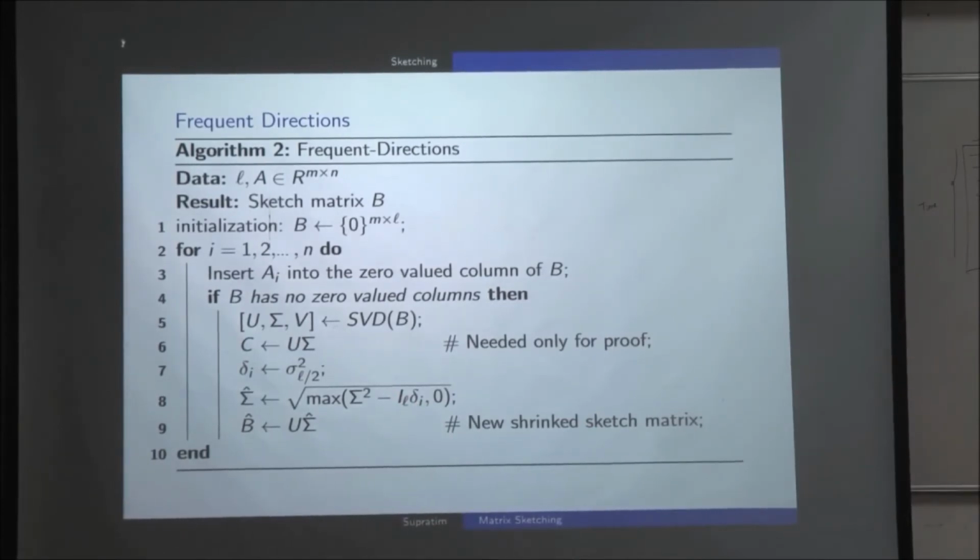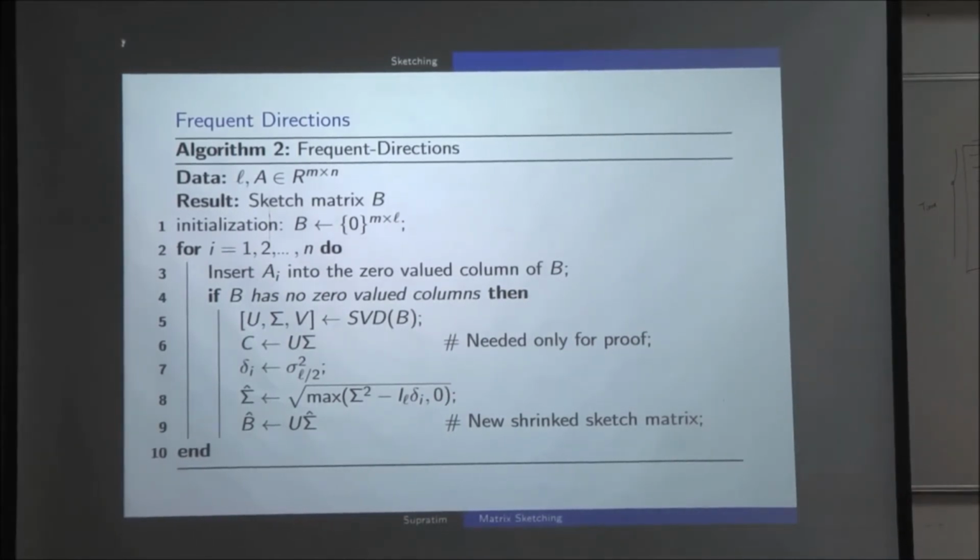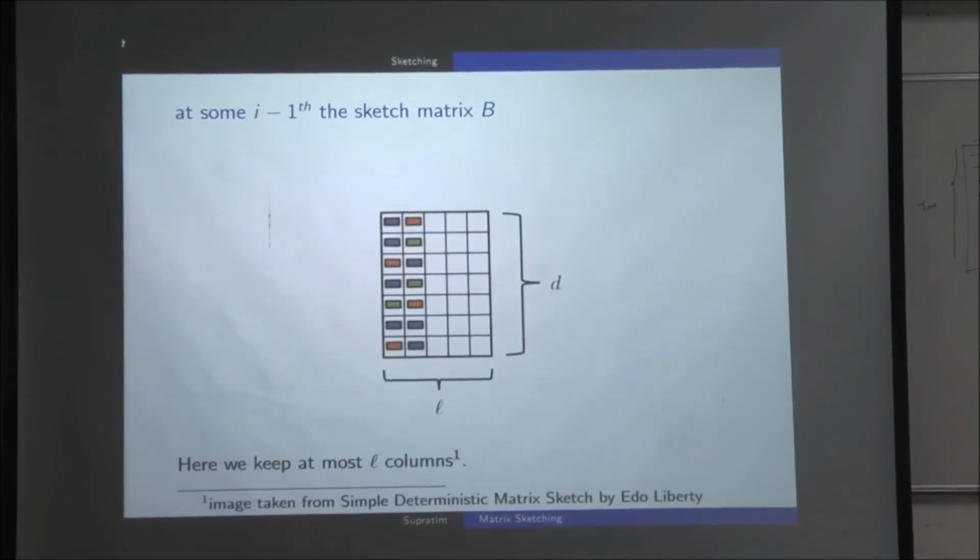There will be certain singular values which, after subtracting, go below 0, so we set them to 0. In a way we are nullifying L by 2 orthogonal vectors in our sketch matrix, and this would be our new sketch matrix. We keep on repeating this until the end of the stream. To understand it more clearly, let's look at one example.